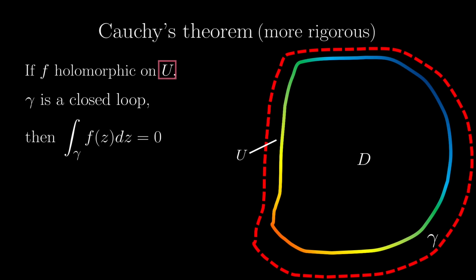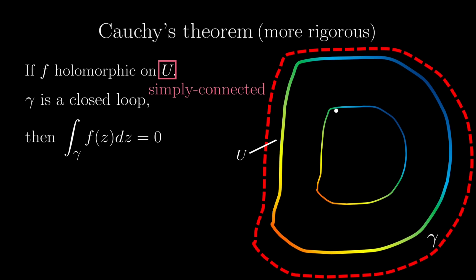One version of this theorem is to require U to be a simply connected domain. Essentially, this means that any closed loop like this one, gamma, can be continuously shrunk to a single point. If I remove a point here, say this white dot, then we can't shrink it all the way to a point. So in this case, U minus a point is not simply connected.